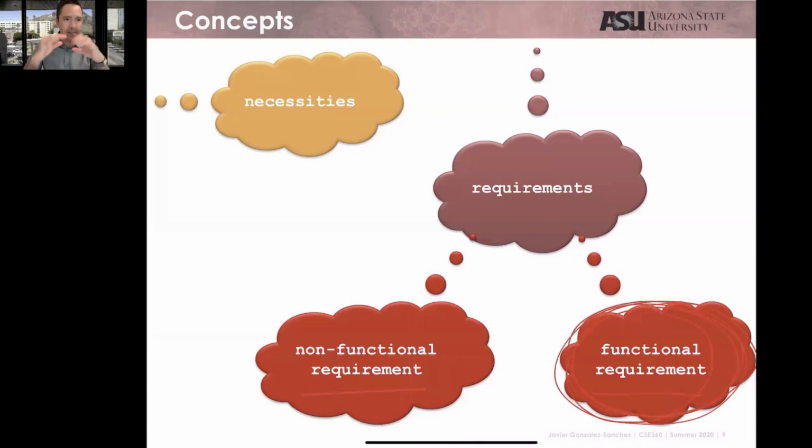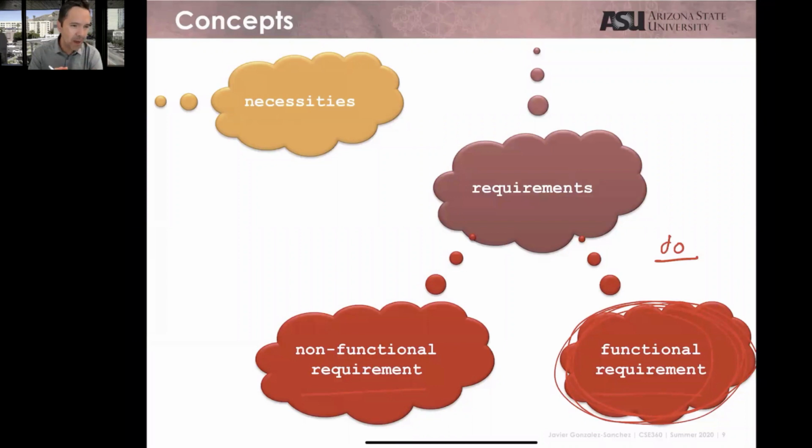All your ovals are functional requirements. What is a functional requirement? Something that the software does. I am going to give you a more detailed definition in the next slide, but the simple idea is that anything the software does is a functional requirement.